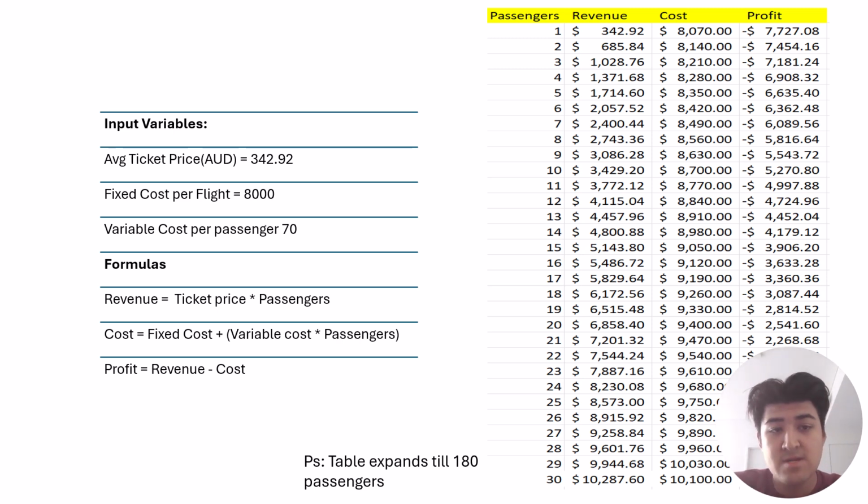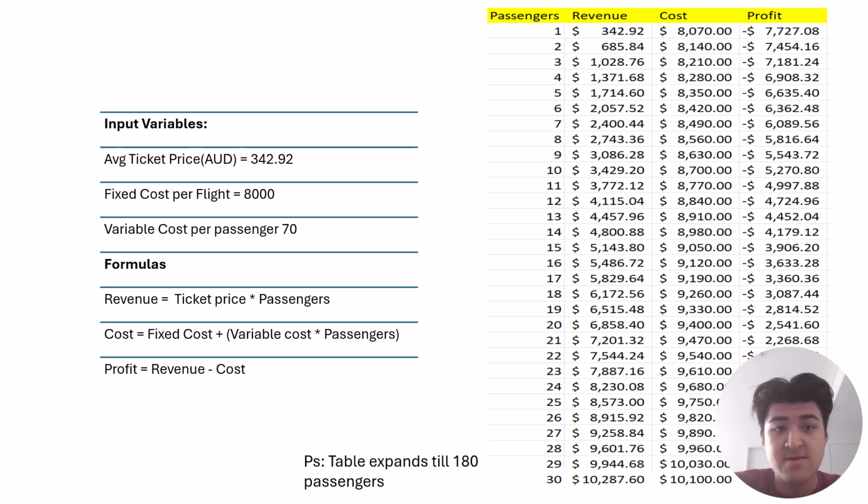First, revenue, by calculating the average ticket price times passengers. Then cost, using the formula fixed cost plus variable cost times passengers. And finally, profit, which is simply revenue minus cost.